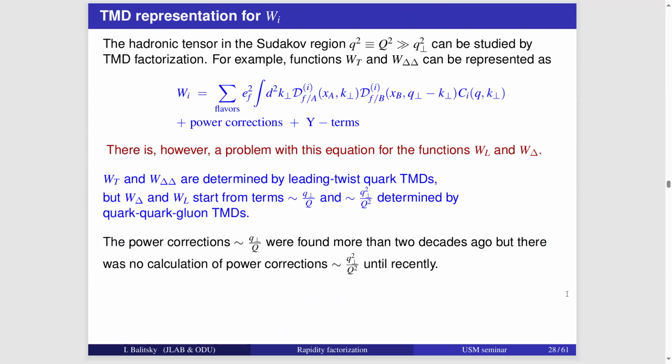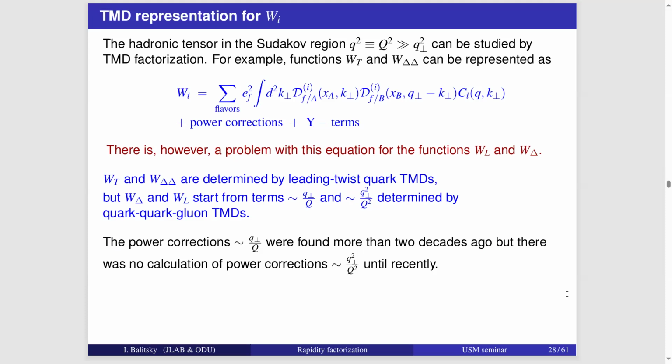There is a problem, well, not a problem, but the TMD factorization formula for the Drell-Yan hadronic tensor looks like that. There are several tensor structures for the electromagnetic currents, and people write down the following formula. There is, however, a problem with this equation for two of the four tensor structures.